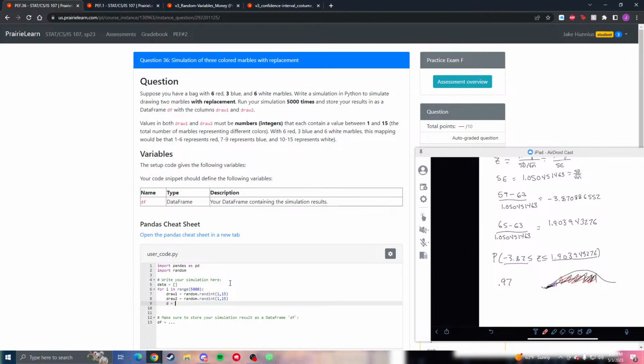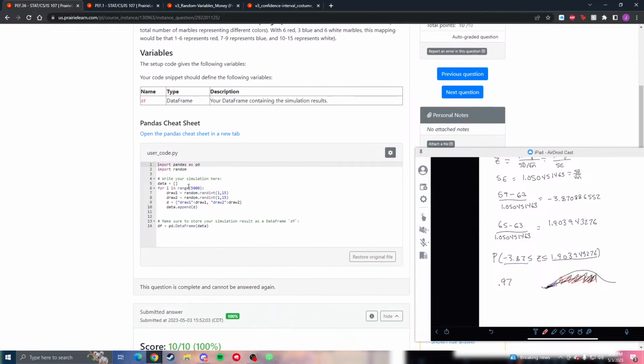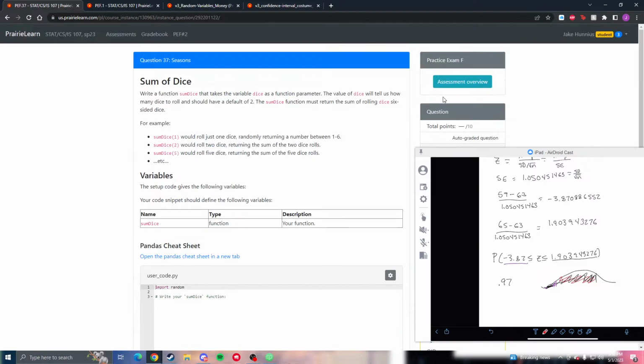We gotta do the dictionary, so d is equal to draw1: draw1, draw2: draw2. I know you guys know the syntax, you've done it a bunch. I do just want to finish it one more time. I'm gonna do data.append(d), and then you do pd.DataFrame(data). That should be how you make a simulation. So you create a list, you do your for loop, you create your dictionary by creating these variables, append it to your list, and then create a data frame.